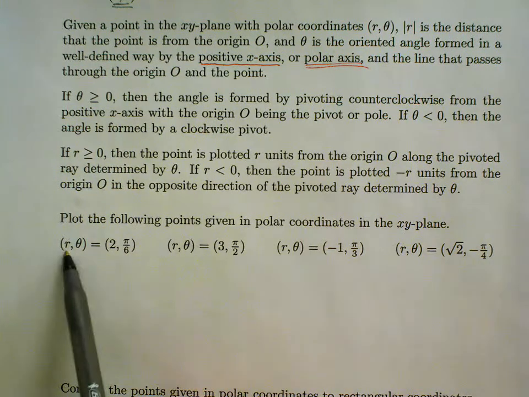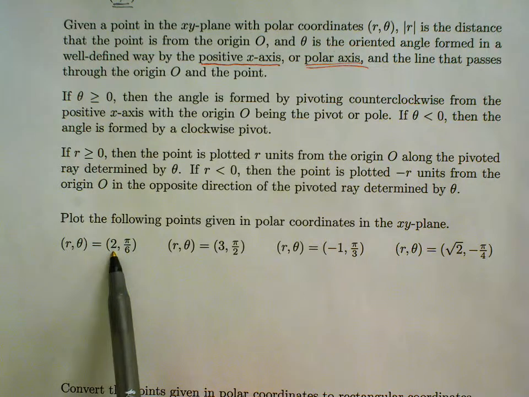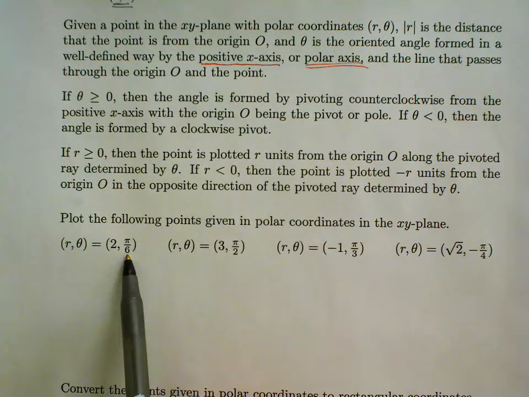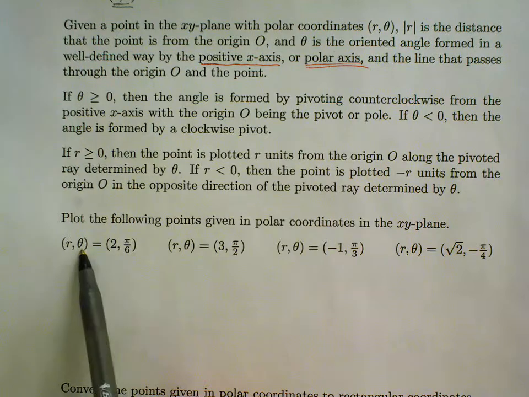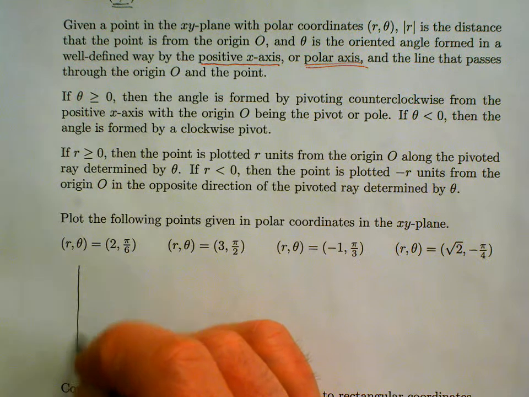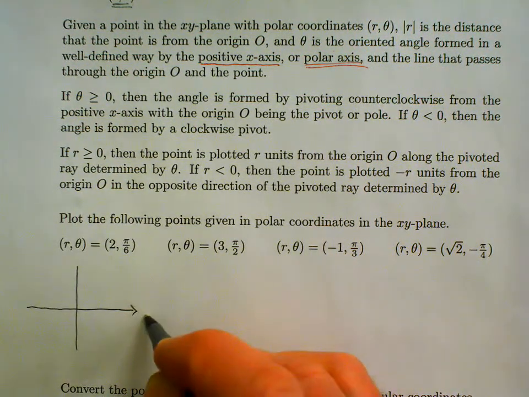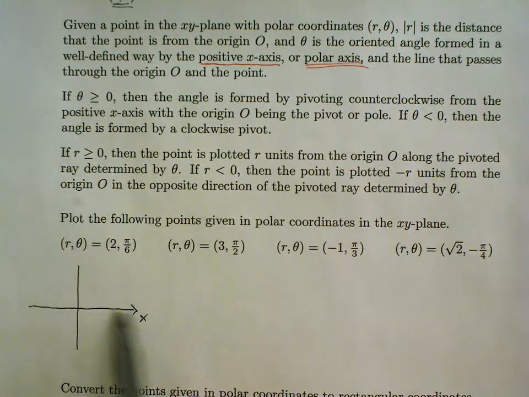Okay, the first pair of polar coordinates: the r value is positive 2, and the angle, or the theta, is pi/6. So the positive x-axis is the polar axis.